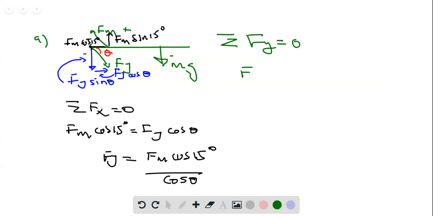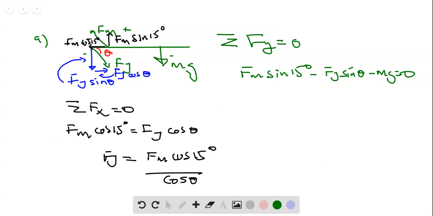So we're saying Fm sine of 15 degrees minus Fj sine of theta minus mg equals 0. So those are the sum of forces in the y direction.